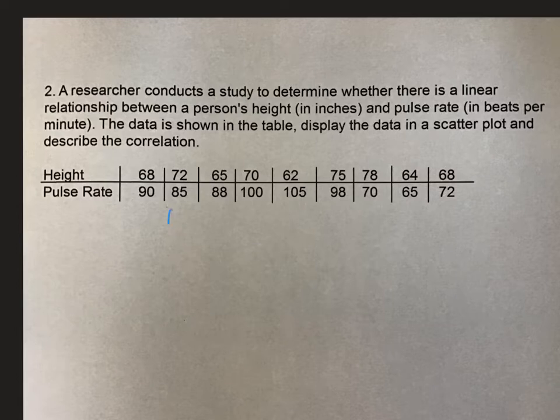Okay. So I am going to have my heights go up by 4s or so. But remember, we can put that break in our graph so that we don't have to start at 0. Our smallest height is about 62 inches. So I'm going to start at 60, and then go up by 4s from there.